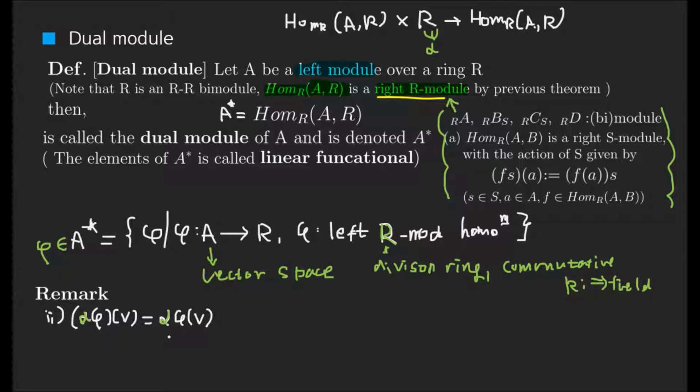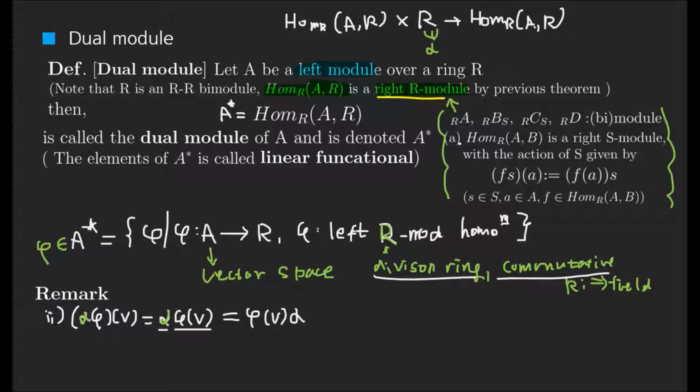But note that alpha is clearly a scalar, so it's in R, and phi of v spews out a value which is also in R. So this is an element in the ring R. Of course, especially when vector spaces have all scalars in a field, or division ring, the commutative relation is clearly satisfied. The remarkable point is that because the commutative relation is satisfied, we can say this here, phi of v times alpha.